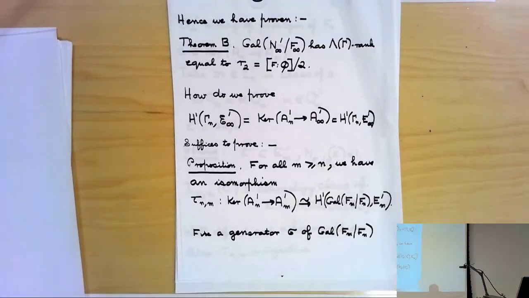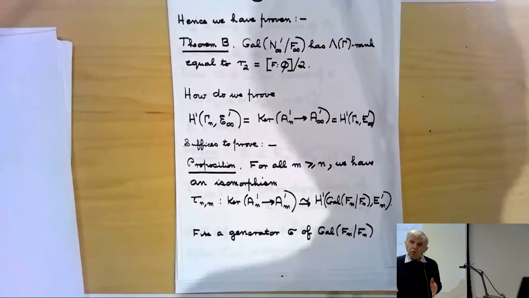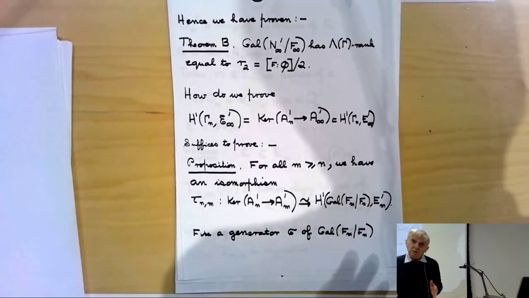Now, as I mentioned yesterday, Iwasawa points out that this proof actually tells you more than the rank. If you analyze it a tiny bit more carefully, you can actually determine the whole torsion submodule.